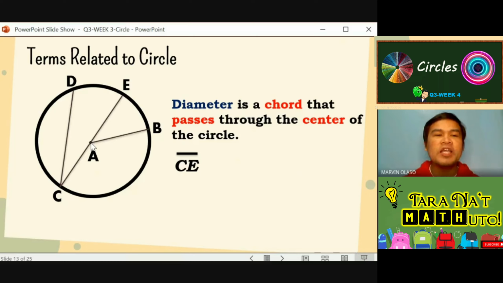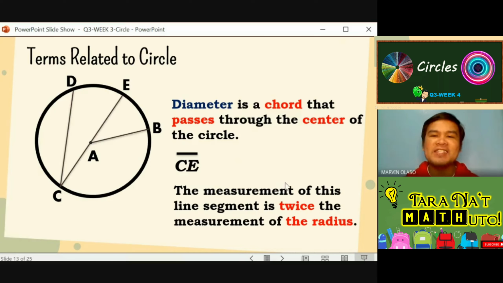Okay. So, ang diameter kailangan dumaan sa center. Okay? Another thing to remember and observe is that the measurement of this line segment is twice the measurement of the radius. Kung napapansin nyo, yung diameter CE ay merong dalawang radii.